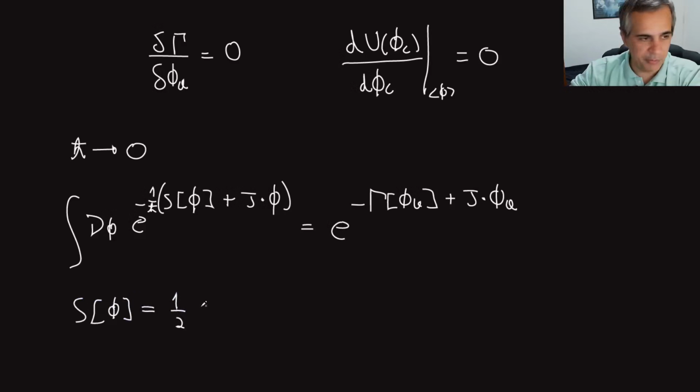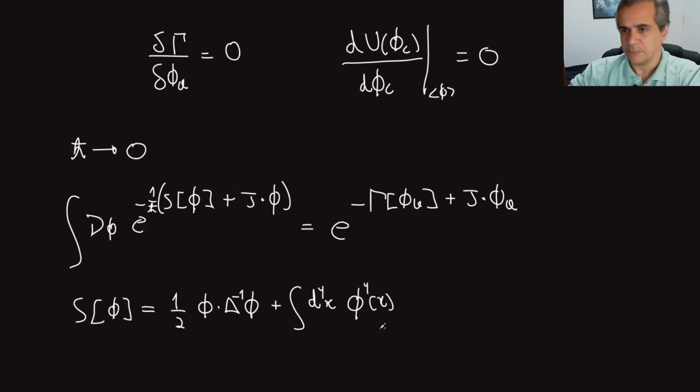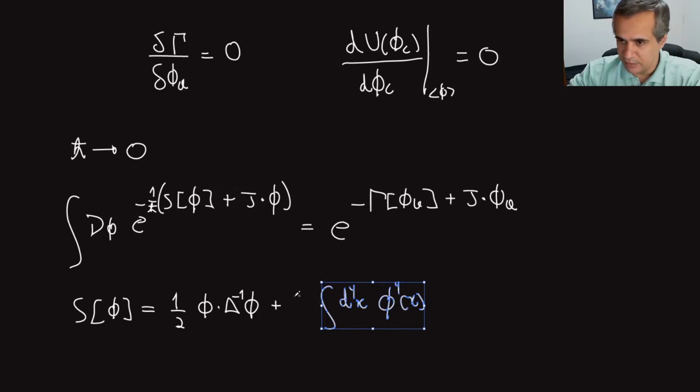So this would be the action in that case, right? There's an integral here and a d^4x of phi(x)^4. This would be the action for lambda phi 4. I even forgot the lambda, so there should be a lambda over 4 factorial out here, right?